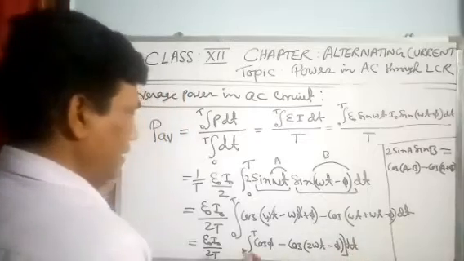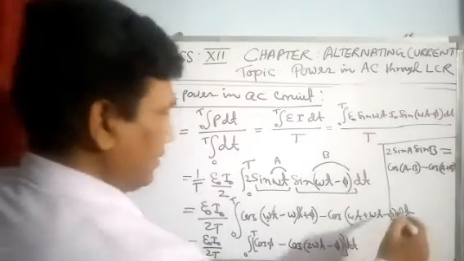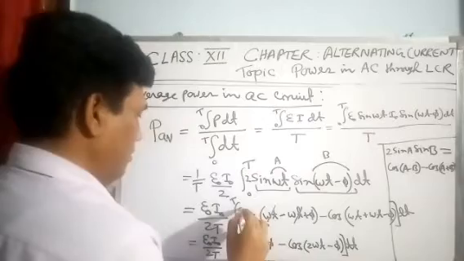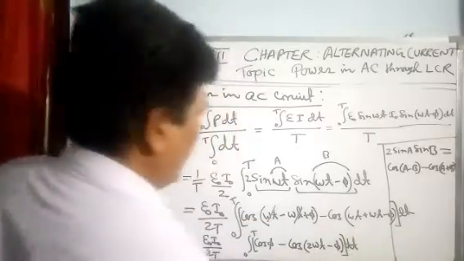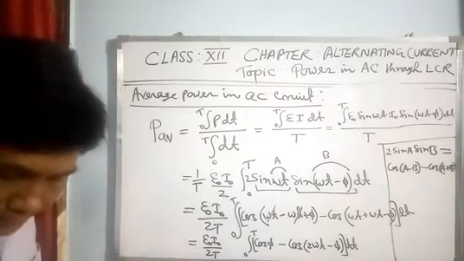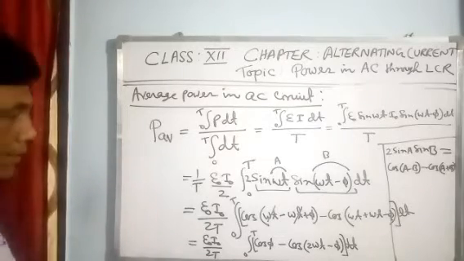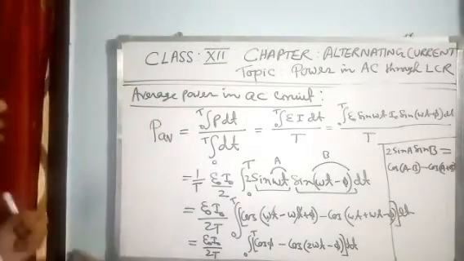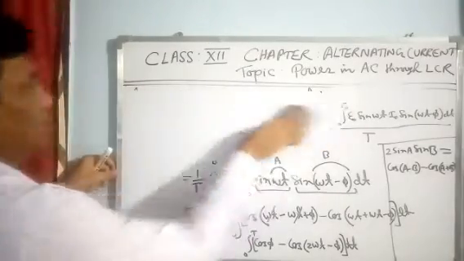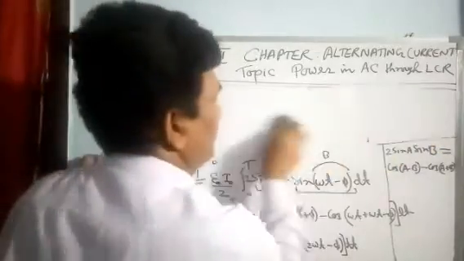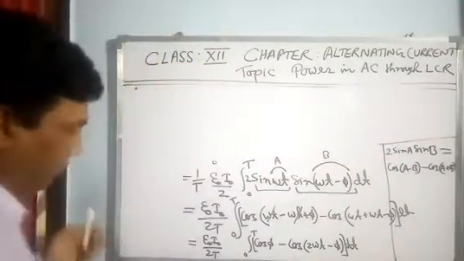Here also dt is common for both the terms. Please copy up to this term, then let me proceed. I hope this upper part is already copied by you and understood also.